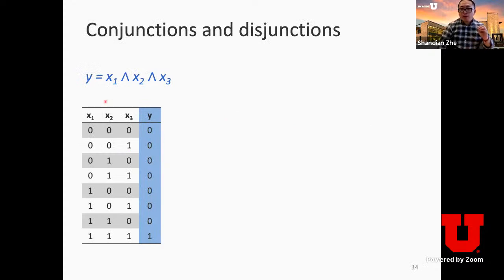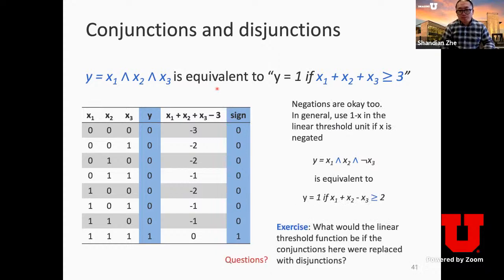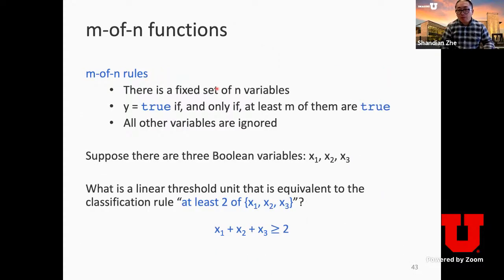They can perfectly represent functions of conjunction of Boolean variables or disjunction of Boolean variables, or even if you insert the negation operators inside these conjunctions, disjunctions, you can still find a linear classifier which can perfectly separate the positive examples and negative examples labeled by these target functions.